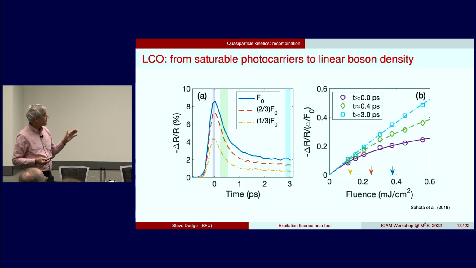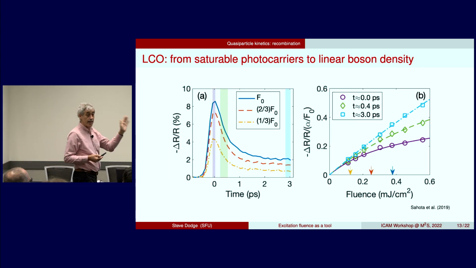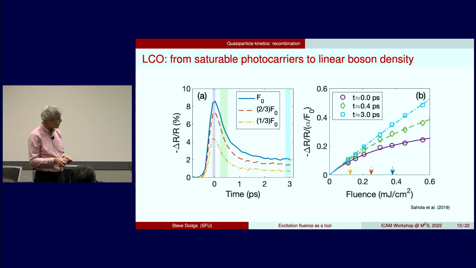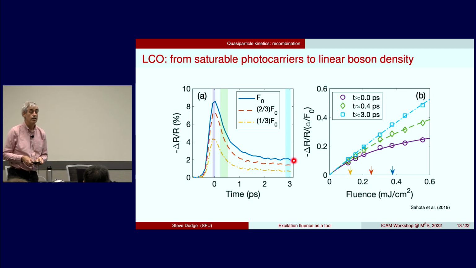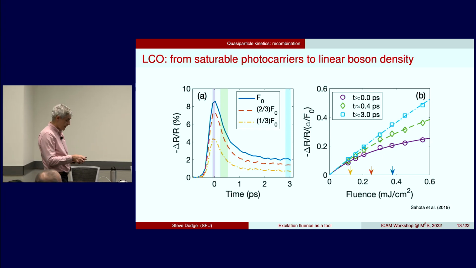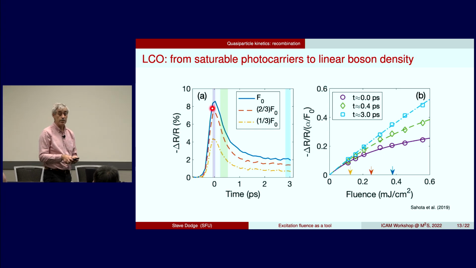One last thing about this: YBCO, LCO, all of these materials are a little bit different. At early times, this saturation occurs, but in some materials we have observed a change at longer times, where it becomes linear in the fluence. We interpret this as carrier recombination.